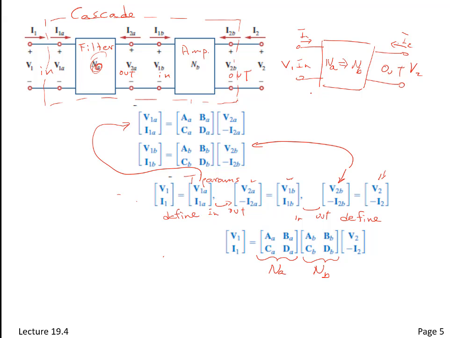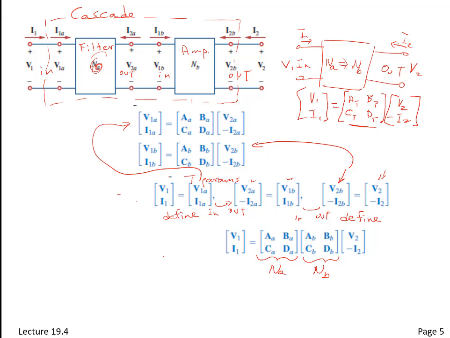I could write this as V1, I1 is equal to some A total, some C total, some B total, some D total, right? I know I'm headed for this, and I can write it with confidence.